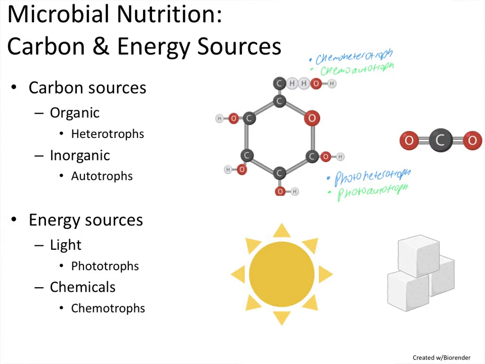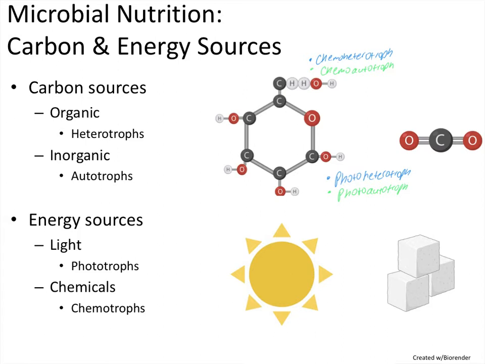So out of all of the different combinations that organisms might get their energy and might get their carbon, the one that is most likely to infect us is the chemoheterotroph, because we provide the ideal environment, really. We provide the chemicals they need for energy, and we provide the organic carbon they need as their source of carbon. So we really provide everything they need for them to be able to grow.